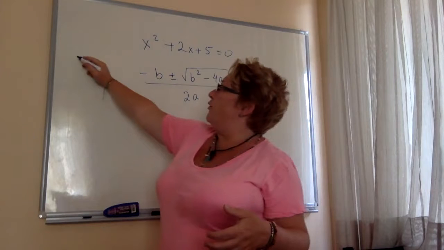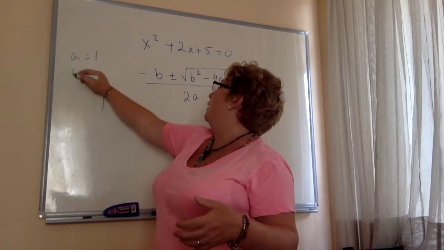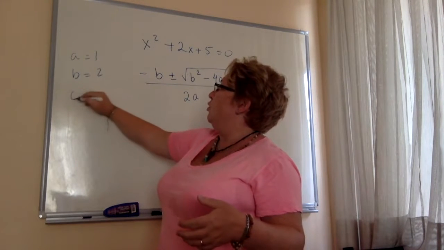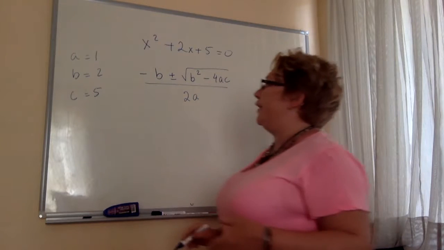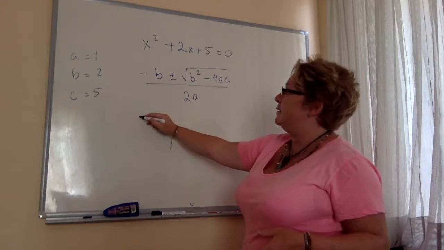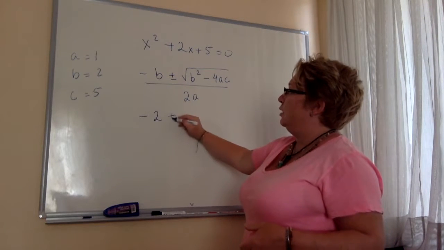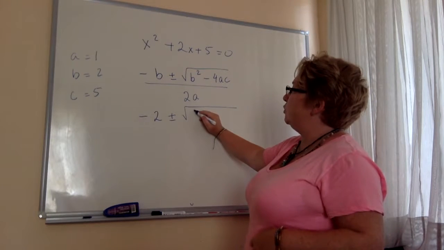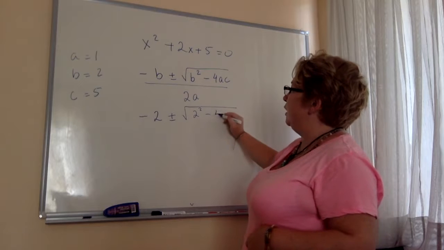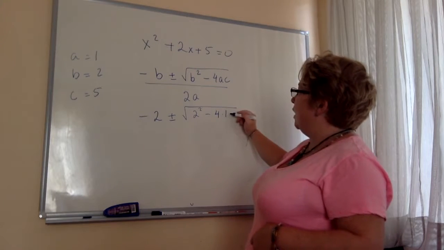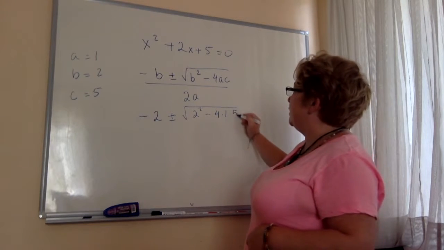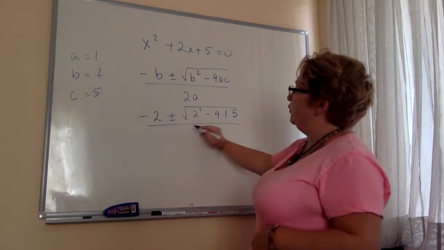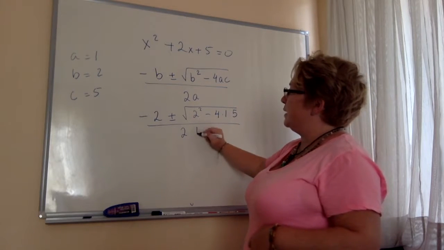Now, the coefficients here are a equals 1, 2 for b, and 5 for c. So when you plug these in, you get negative 2 plus or minus the square root of 2 squared minus 4 times a, which is 1, and c, which is 5, all over 2 times a, which is 1.